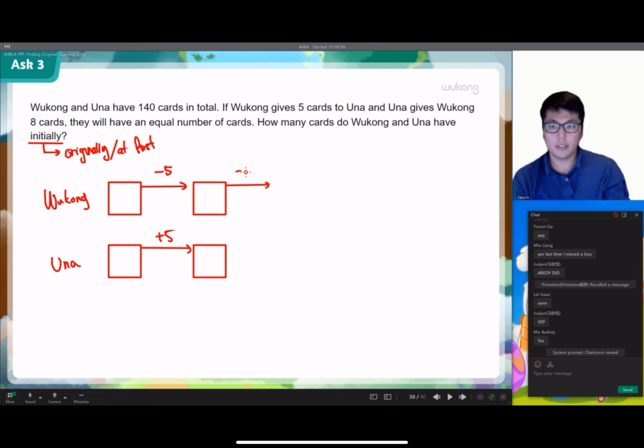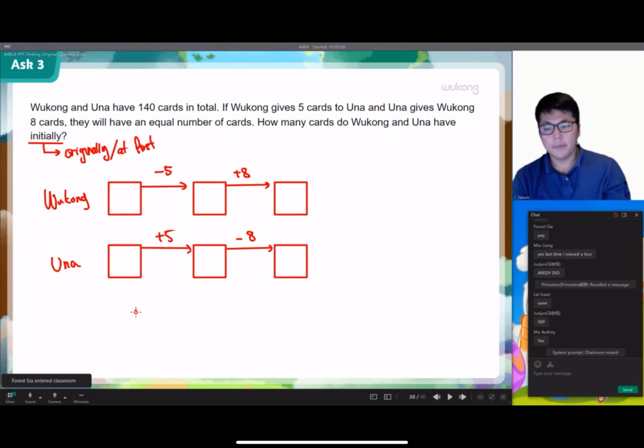So, giving 8 cards, losing... Oh, sorry. Una is giving, not Wukong. So that means minus and plus for Wukong. It's always the opposite, guys. And now, they will have the same number of cards. And the sum is always going to be 140. So now 70 and 70.